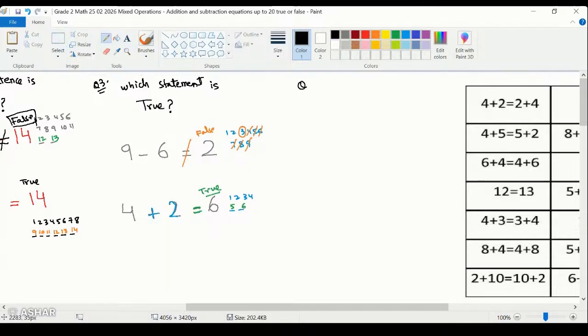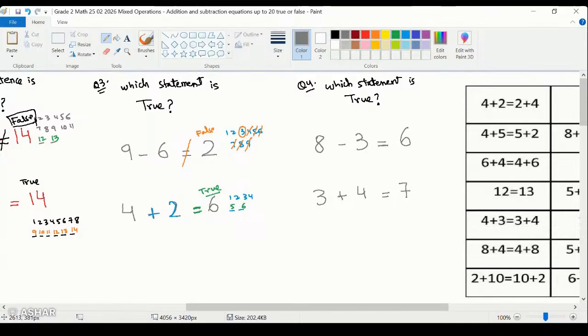So question number 4 says, which statement is true, such that the statements given are: 8 minus 3 would be equal to 6, and 3 plus 4 equals 7.